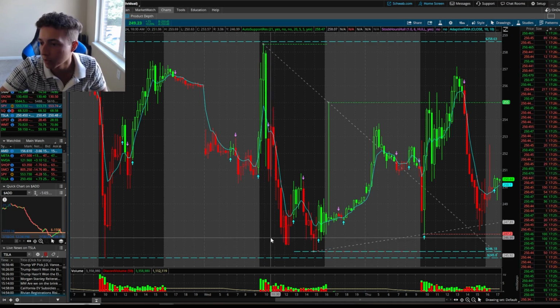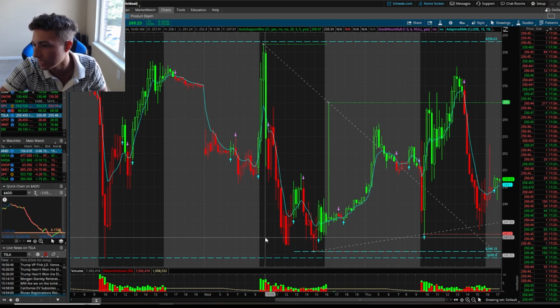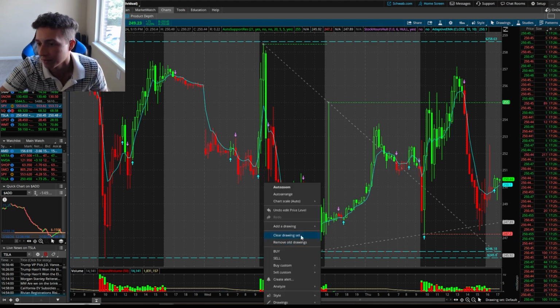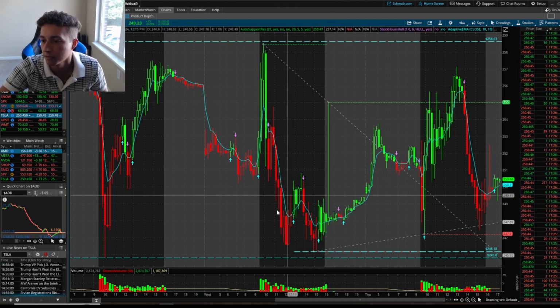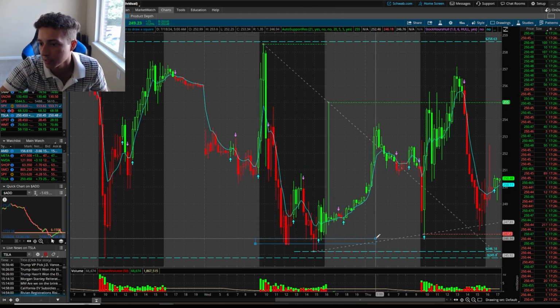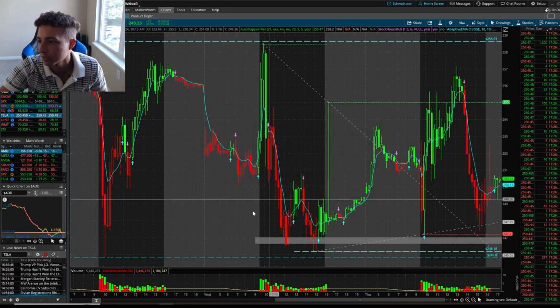My stop on this would probably just be a pushback into the 246.80 to 247 range, because that's not too far away from our entry level to where it's going to be a huge percentage stop loss, but it also gives us the breathing room that we need. So that right there would be my stop loss.